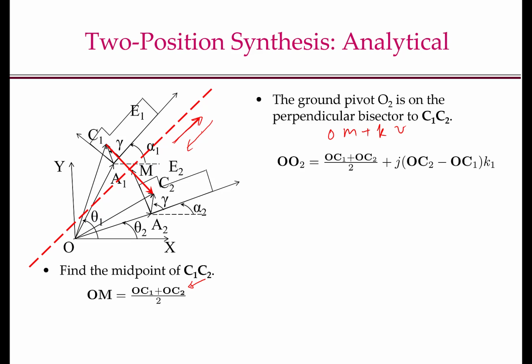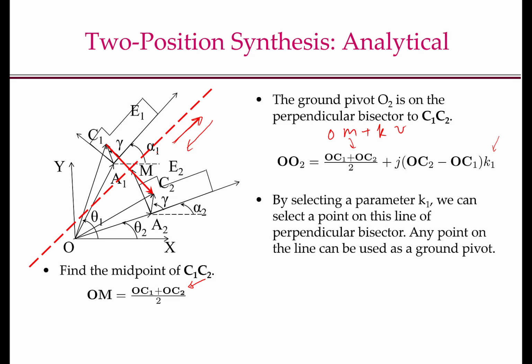Now a vector along the perpendicular direction to C1C2 is j times (OC2 minus OC1). Therefore, OO2 is OM, which is (OC1 plus OC2) by 2, plus j times (OC2 minus OC1) times K1. I know OC1 and OC2. Therefore, by choosing a value of K1, I can find one of the fixed pivots O2.